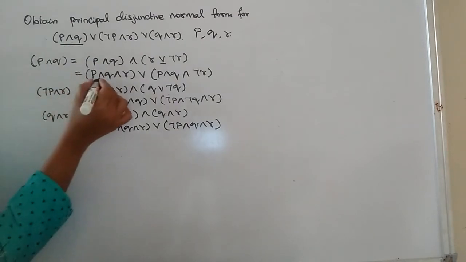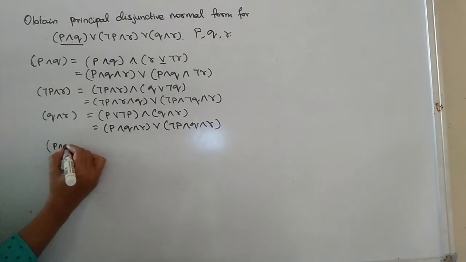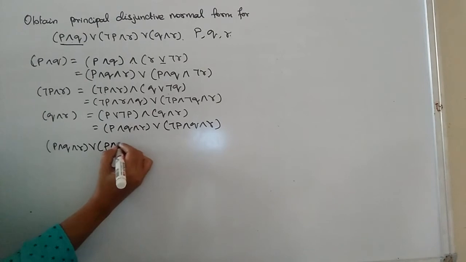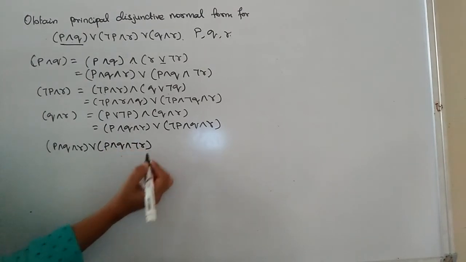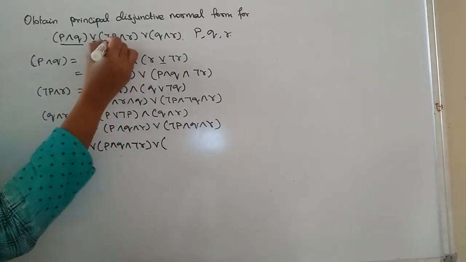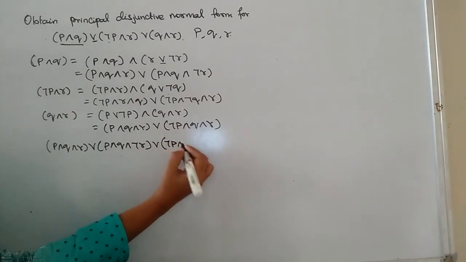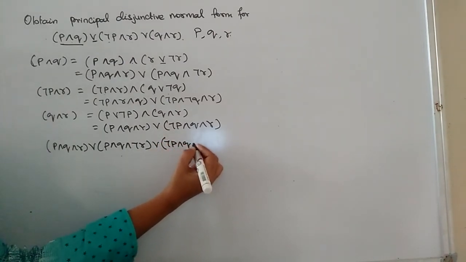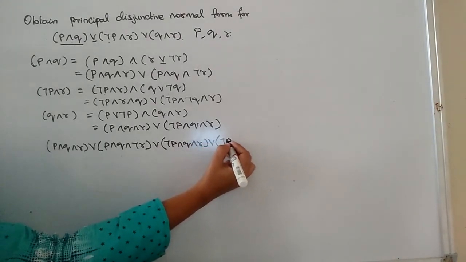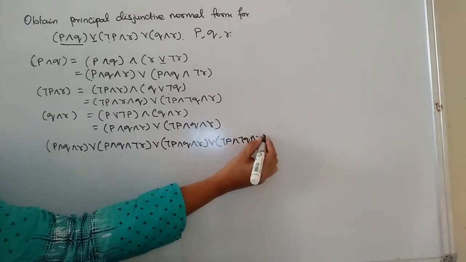Instead of P and Q we substitute this one, so we get P and Q and R, or P and Q and negate R. And for this or operation, instead of negate P and R we substitute negate P and Q and R, or negate P and negate Q and R.